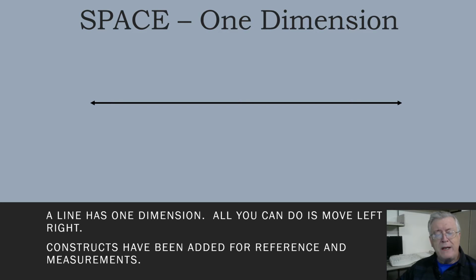Next is one dimension. We have just a line, one single line, infinity, left to right. We have some artificial constructs that we've made for reference and measurements.